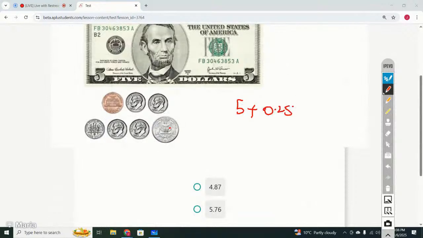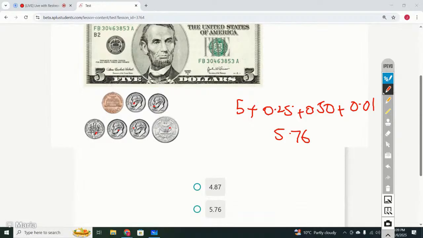The quarter we can count by 0.25. Then we have 1, 2, 3, 4, 5 dimes. We can count them by 10. So that is 0.50. And then we have only 1 cent. So we can count this by 0.01. So that would be 5.76. You have to add them. So that is 5.76. Option number 2 is the correct option.